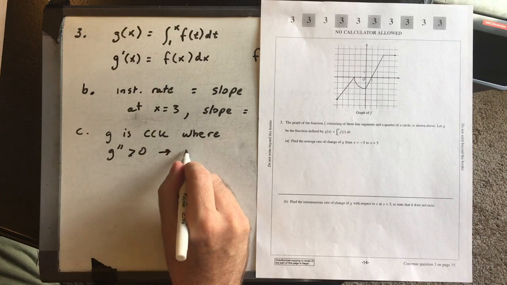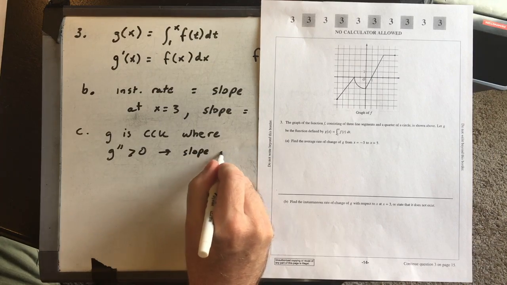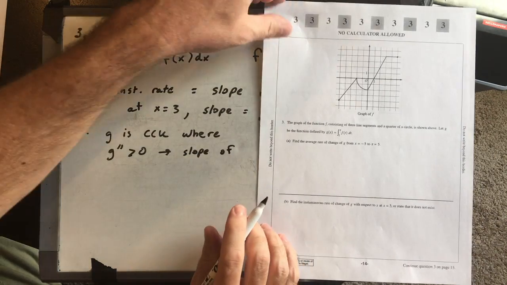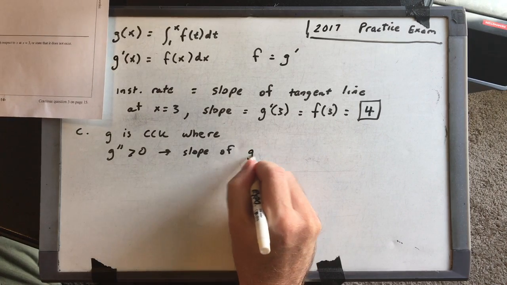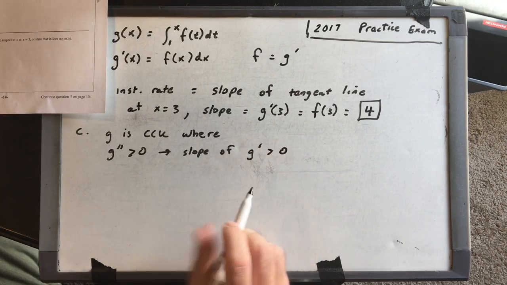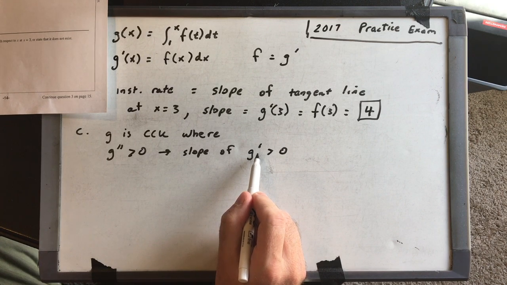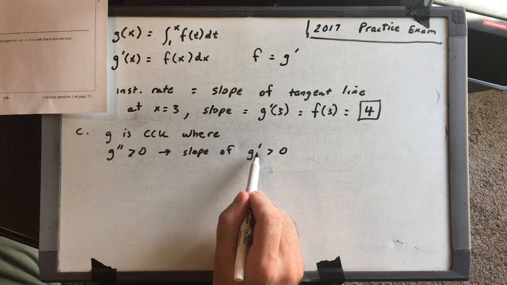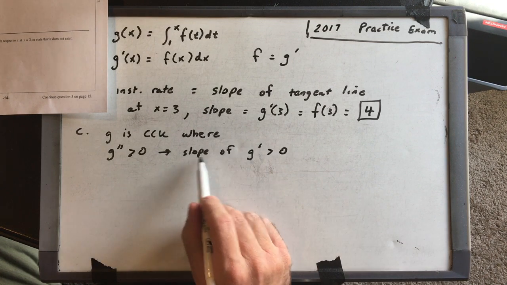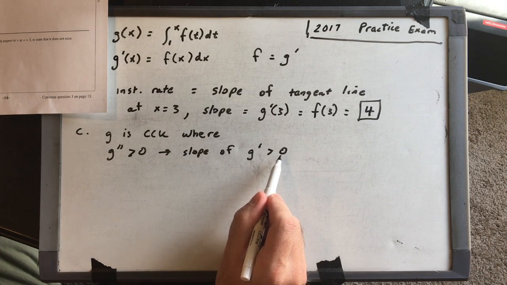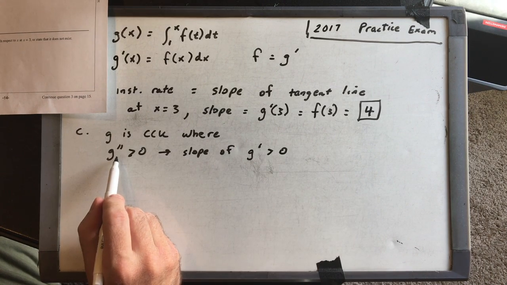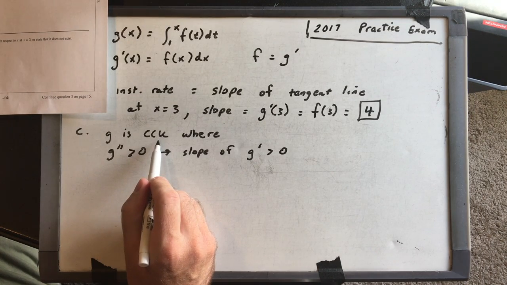Well, that just means the slope of g prime is greater than 0. Remember, the second derivative is just the slope of the first derivative. So if the slope of g prime is positive, then you know g double prime will be positive, and therefore that's concave up.